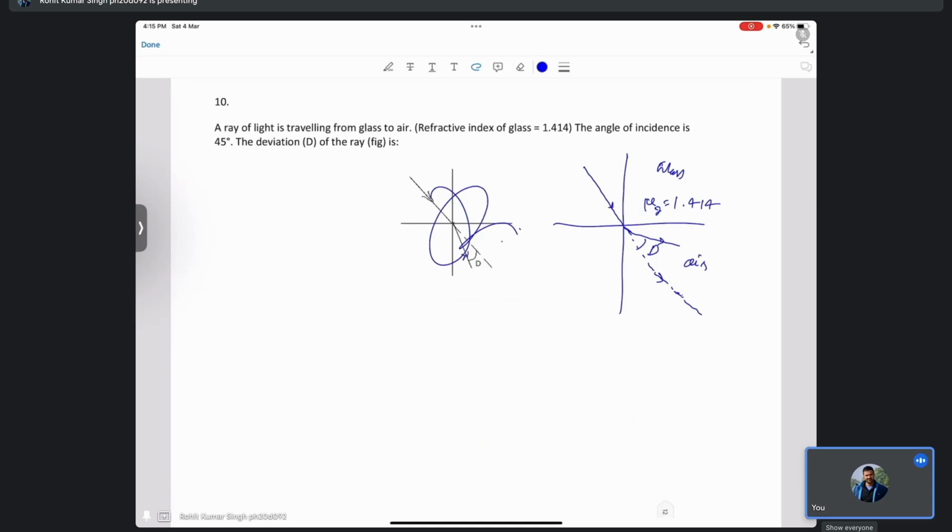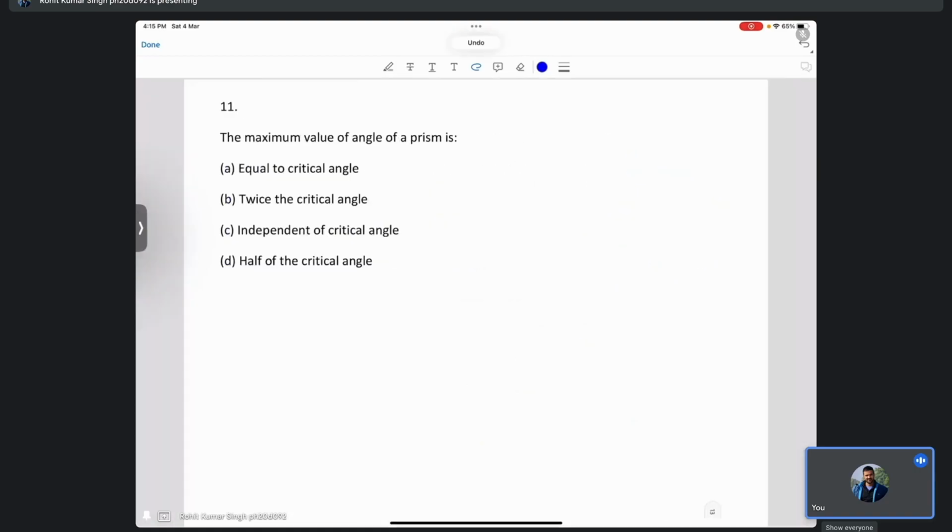This is also simple. We can just use Snell's law.